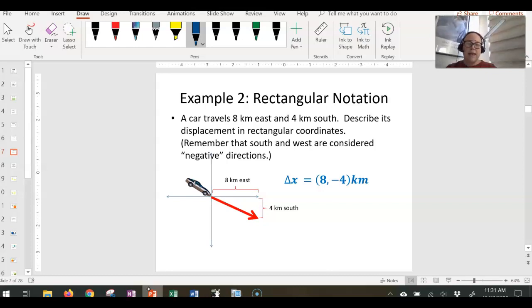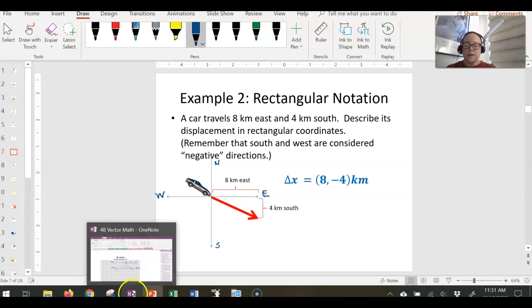Remember that east is to the right, west is to the left, north is straight up on the y-axis, and south is straight down on the y-axis. So east is taken to be a positive direction. West and south are taken to be negative directions.